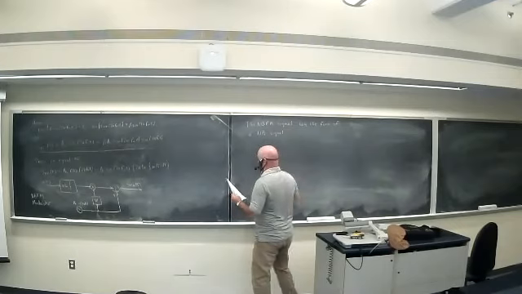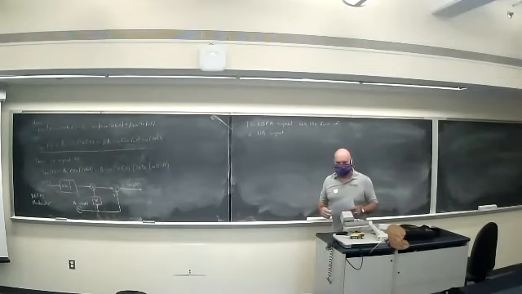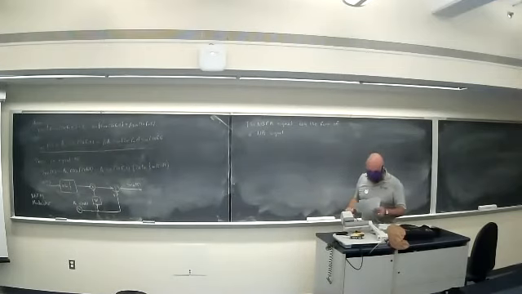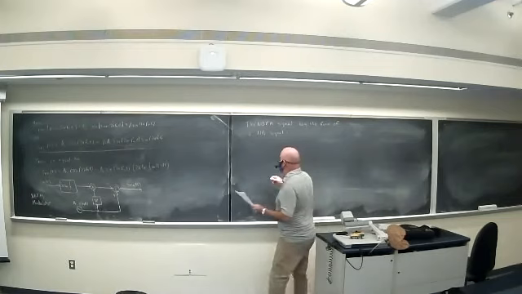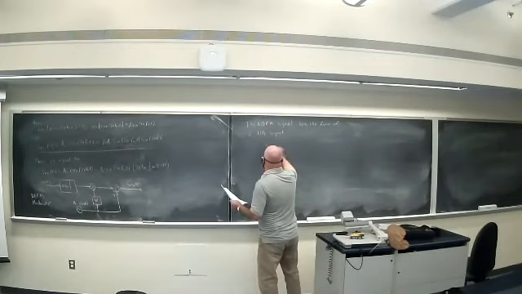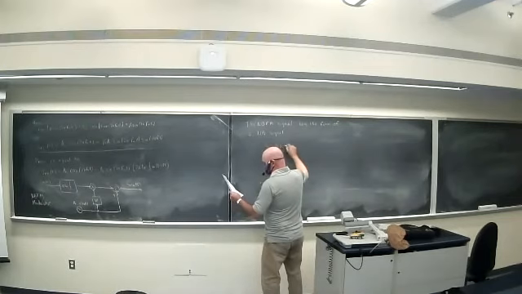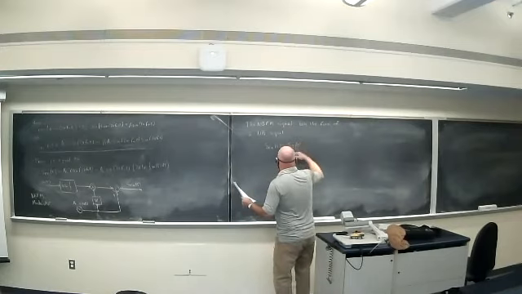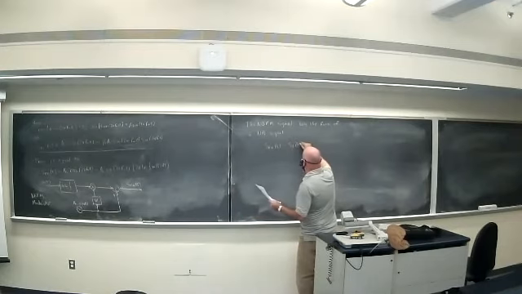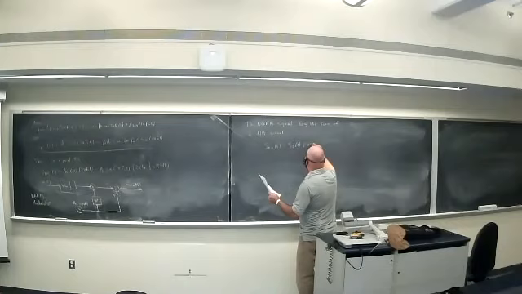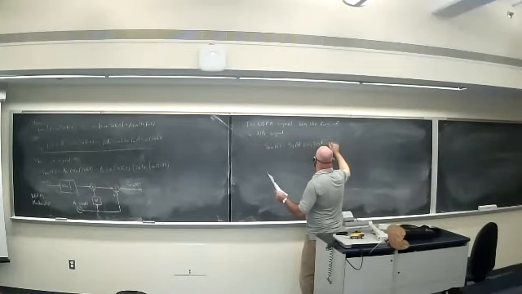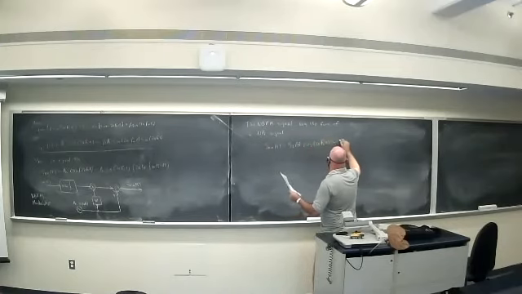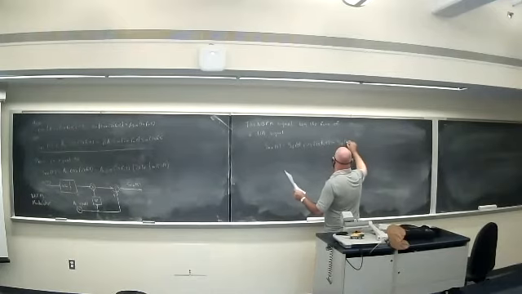Now, we talked about narrowband signal representations only briefly in a previous chapter, but any narrowband signal can be represented as what we call the in-phase term multiplied by cosine 2 pi fc t minus the quadrature term times the sine.